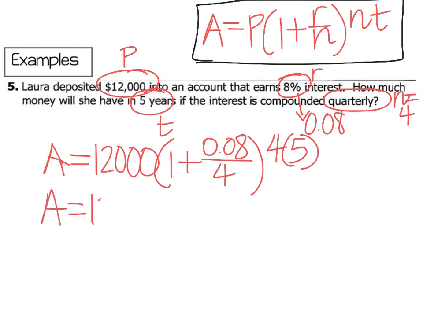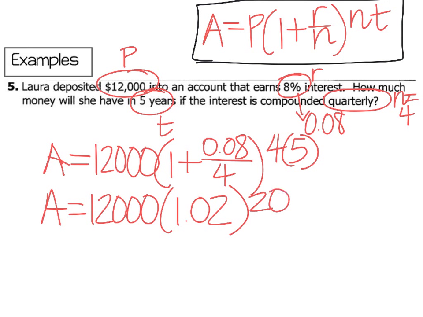We get A equals 12,000. And then if we plug this into our calculator, 1 plus in parentheses, 0.08 divided by 4, enter parentheses, you are going to get 1.02 to the 20th power.